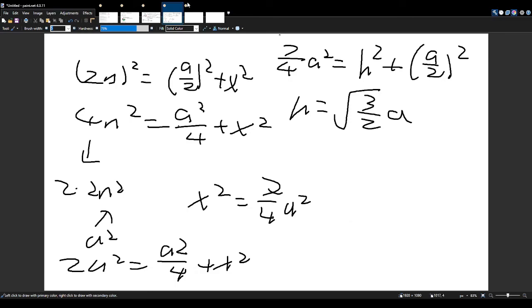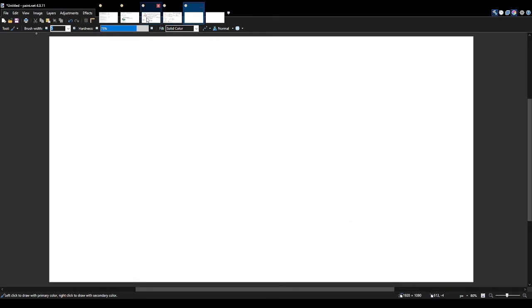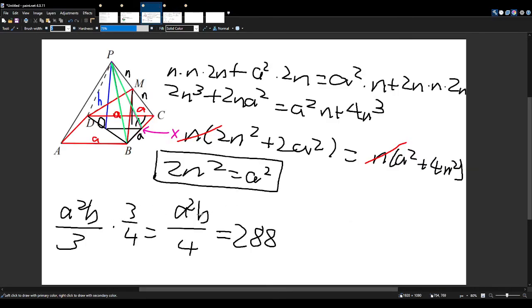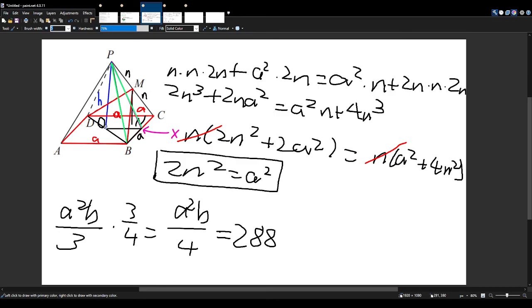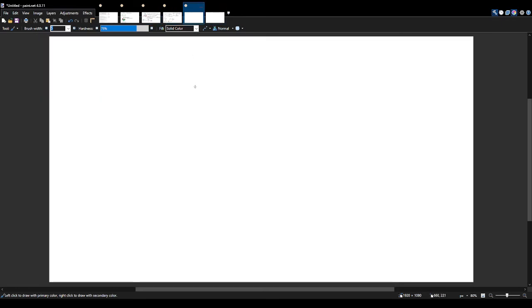Okay? And now you come here. You have this formula. You know h in terms of a. So just solve for a, because a is really what you're looking for. So a squared h over 4 equals 288.